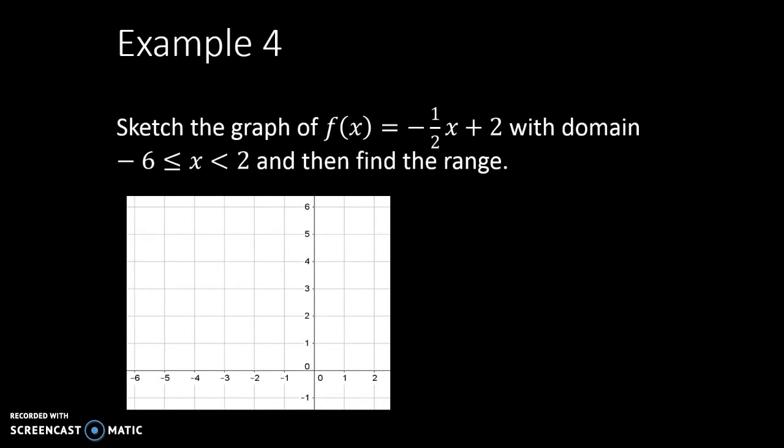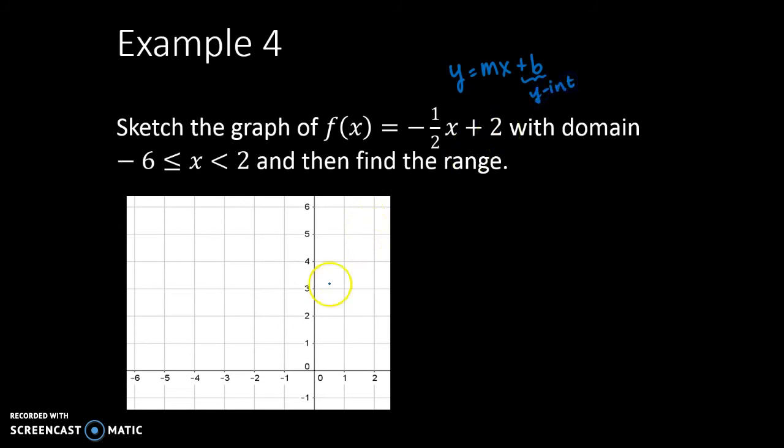This one is asking us to make a graph ourselves, and so it's a good reminder about linear functions. So if I'm going to make this graph, remember y equals mx plus b from your past, and m is your slope and b is your y-intercept. So this graph is going to have a y-intercept of 2.